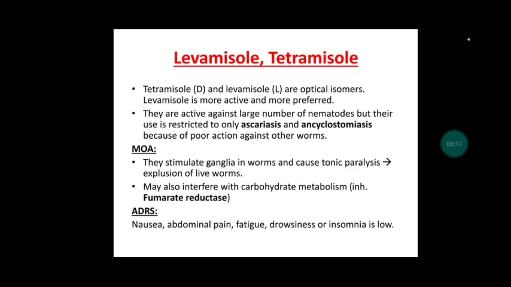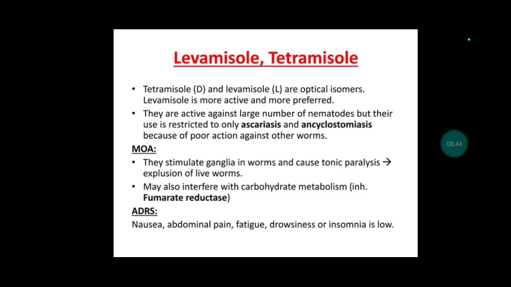Now we will see levamisole and tetramisole. So levamisole and tetramisole, these both are optical isomers. Okay, levamisole is more active and more preferred. They are active against a large number of nematodes, but the use is restricted to only ascariasis and ancylostomiasis because of poor action against other worms. Now what is the mode of action of levamisole and tetramisole?